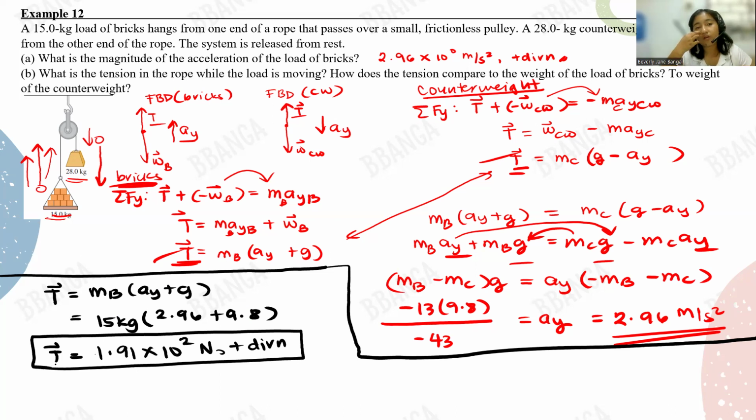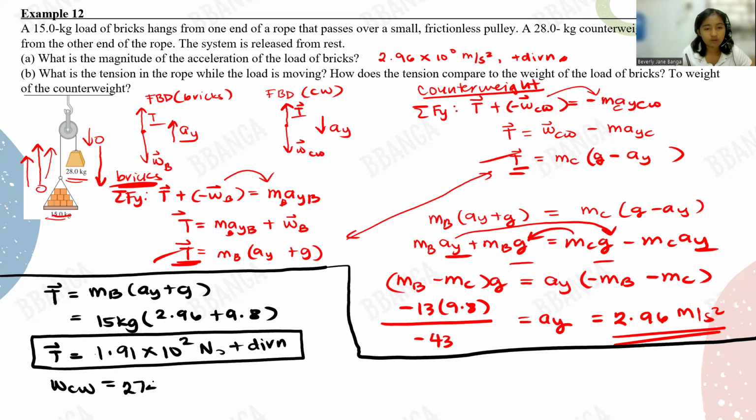Okay. Now, may follow-up question siya na how does the tension compare kuno to the weight of the load of the bricks and to the weight of the counterweight? So, ibig sabihin, parang ano i-multiply mo sa tension para makuha yung weight? Or ano i-multiply mo sa weight para makuha yung tension? So, solve muna natin yung weight ng counterweight natin. So, this is simply 28 times 9.8. So, ang weight ng counterweight, kayo na bahala, mg lang to.